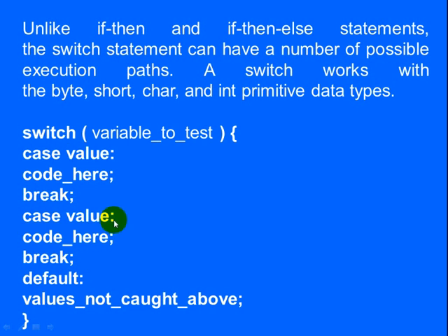If none of these case values match the value of the variable which is being tested, then the default case is considered and all the statements that we put under this default clause get executed. Now note the syntax.